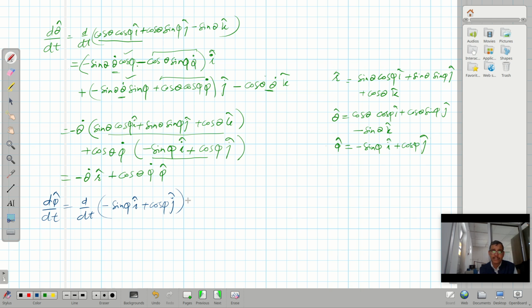I will take its derivative, so it is basically minus cos phi phi dot i cap minus, again its derivative, sin phi phi dot j cap.